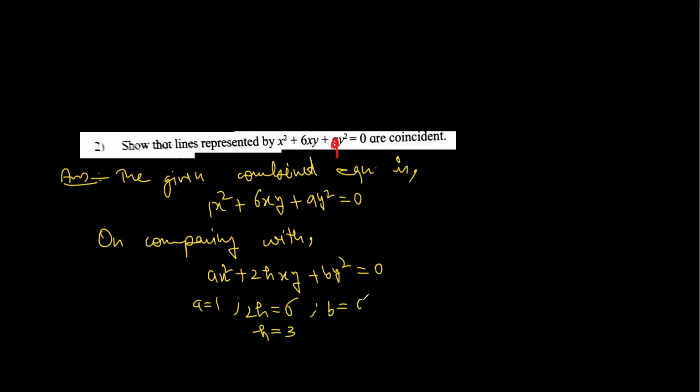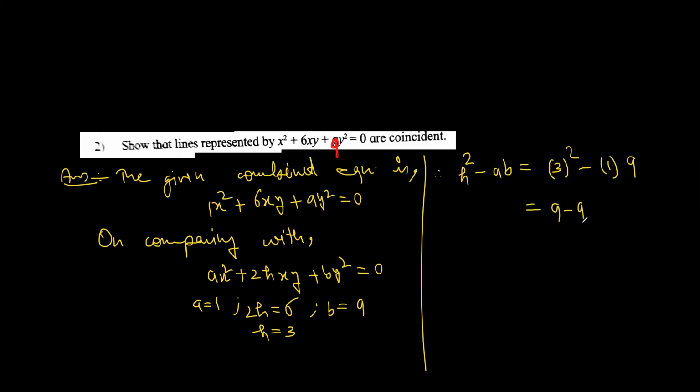And b is equal to 9. Therefore h square minus ab is equal to 3 square minus 1 into 9, that is 9 minus 9, that is 0. Therefore, h square minus ab is 0.